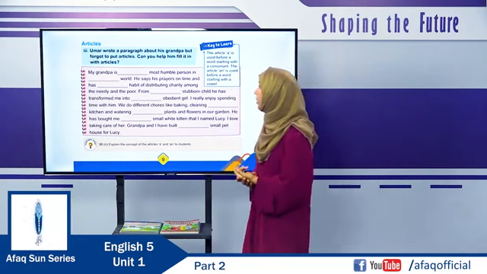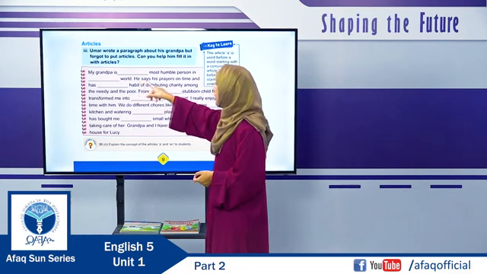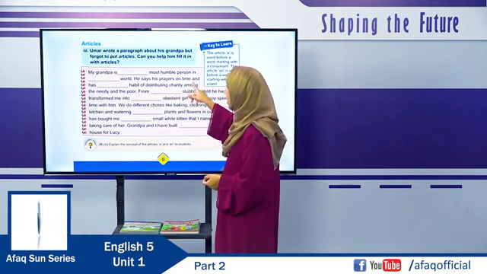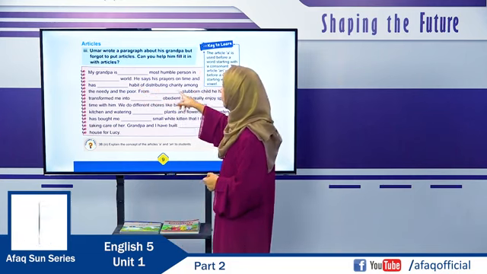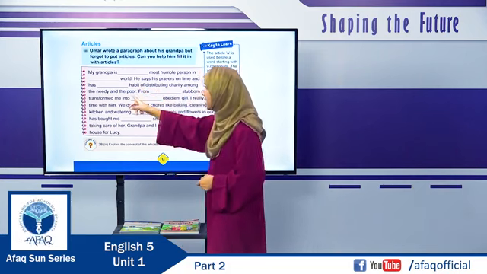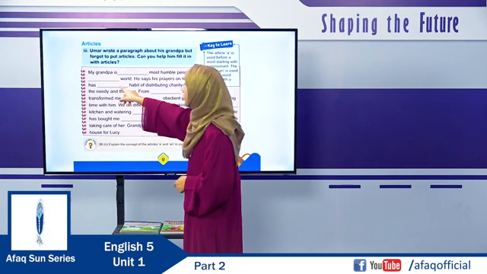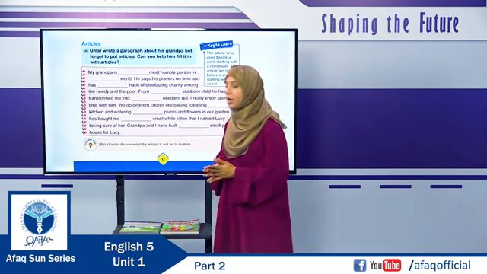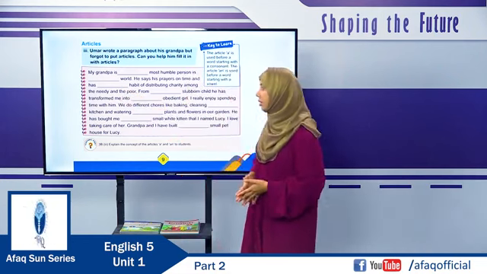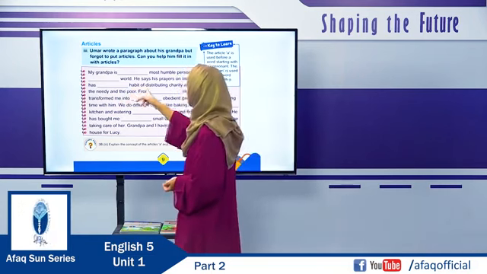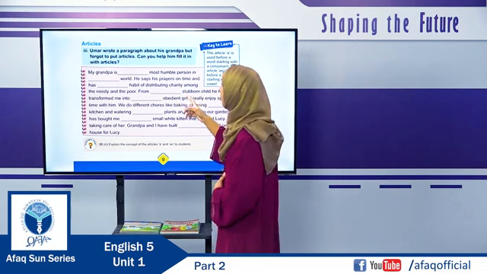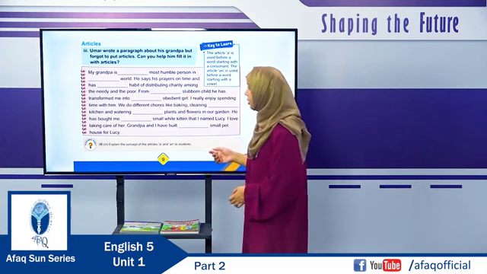Okay, so he says his prayers on time and has habit of distributing charity among the needy and the poor. So what will come here? A, an or the? Yes, he has a habit of distributing charity among the needy and the poor.